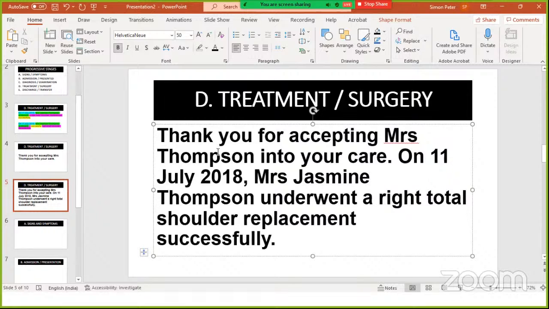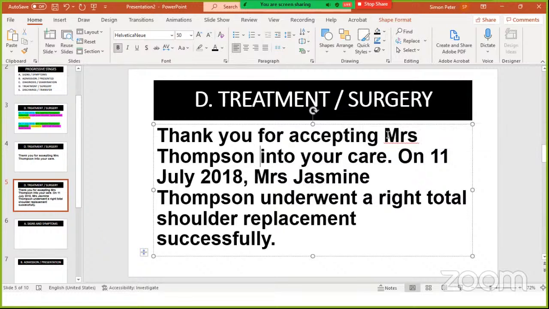Okay. Thank you for accepting Mrs. Thompson into your care. Fine. On 11 July 2018, Mrs. Jasmine Thompson. So, Mrs. Thompson. Right. Now, into your care. Now, this one is here.